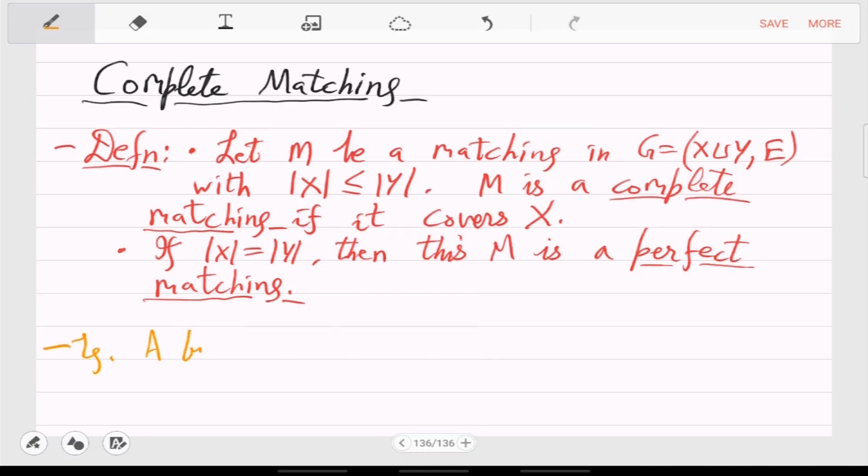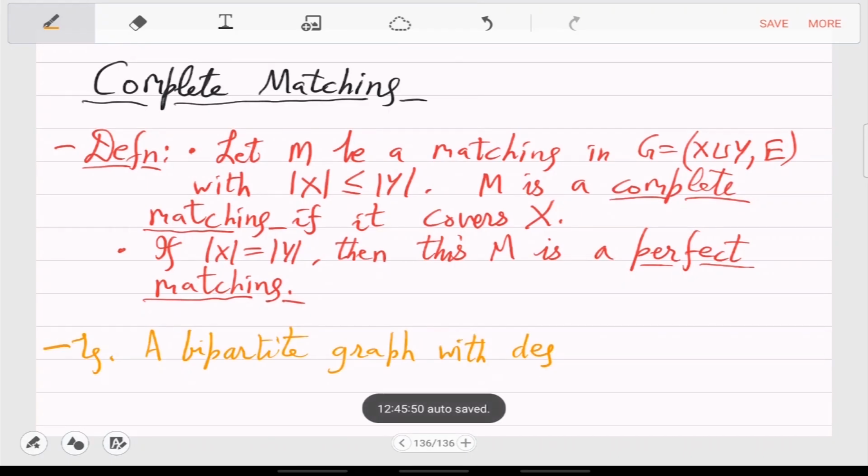So a bipartite graph with degree quite large, let's say greater than 3, and where there is no complete matching. Can you draw such a graph?